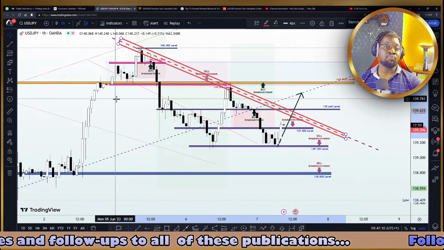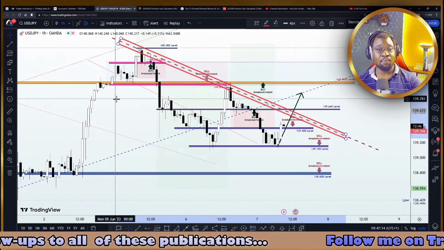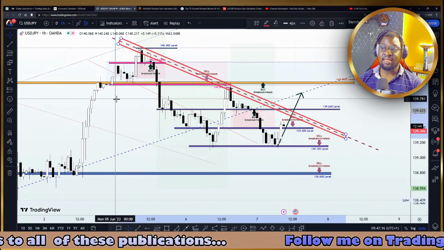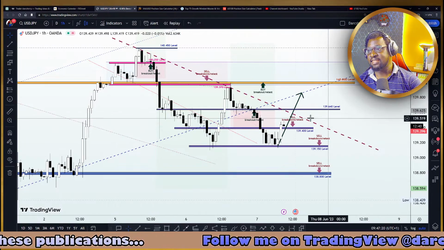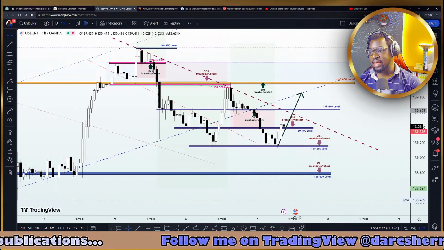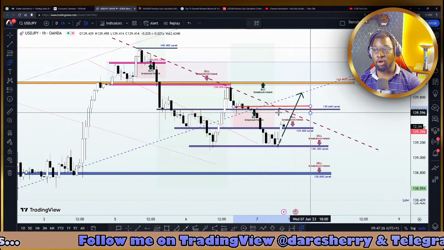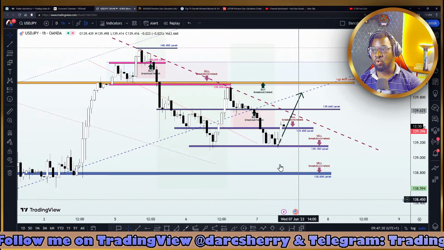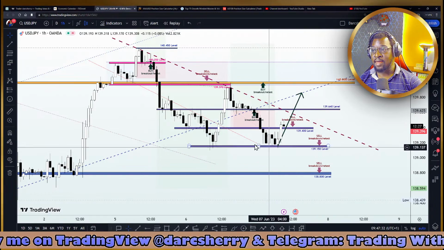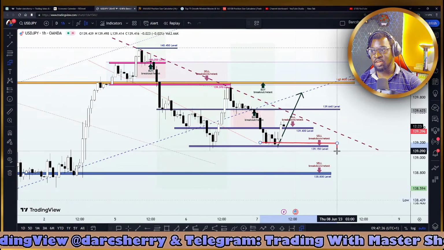But if price action breaks out of that trend line to the upside, then we want to look out for patterns that will be supporting the idea of buying the USDJPY. And that is the first one. Then the second one here is the 139.640 to confirm the buy opportunity in this market. And we have the 139.150 to confirm the idea of selling the USDJPY for today.